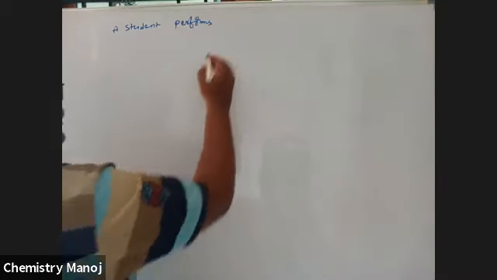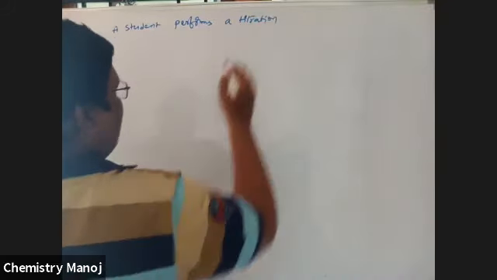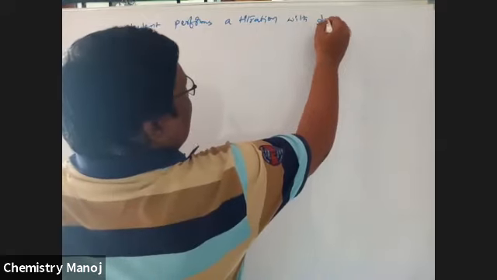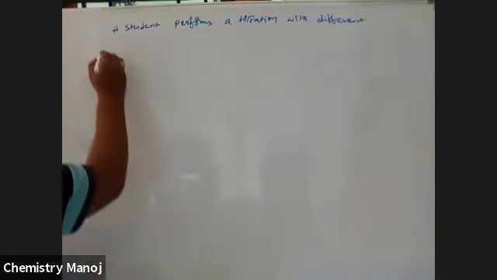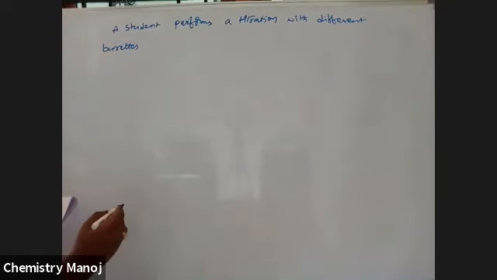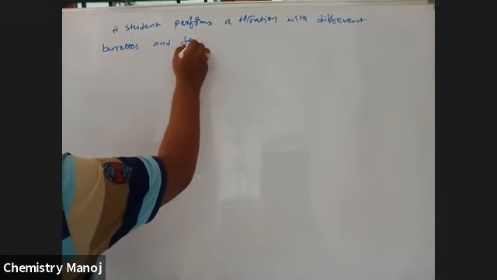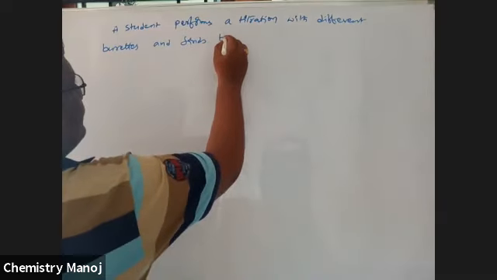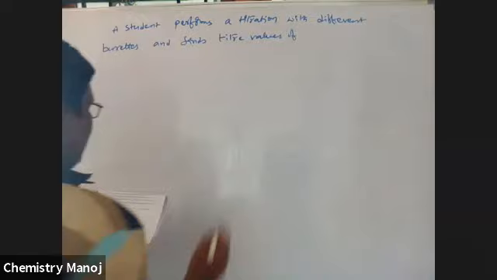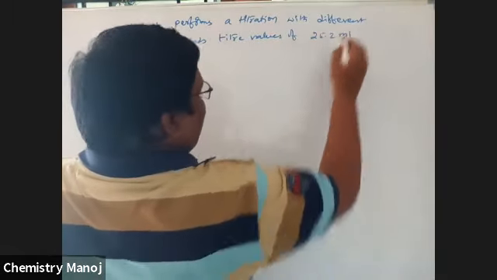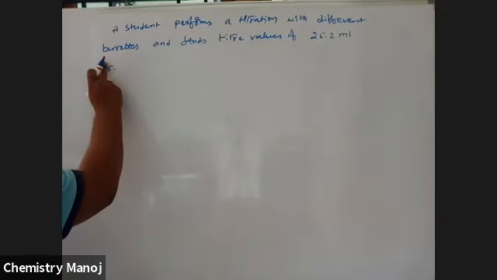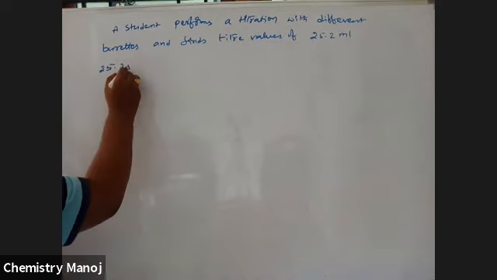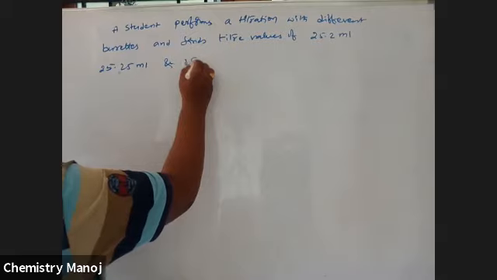See here. A student performs a titration with different burettes and finds titer values of 25.2 ml, 25.25 ml, and 25.0 ml.